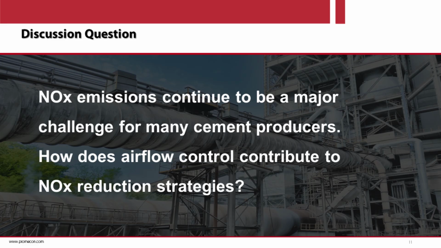To make efficient use of, first, the control of NOx production in the kiln, and secondly, the NOx reduction in the calciner, it is very important to keep our air split under control at the point where it is designed for. So the air split directly influences the NOx formation and the NOx reduction in the calciner.